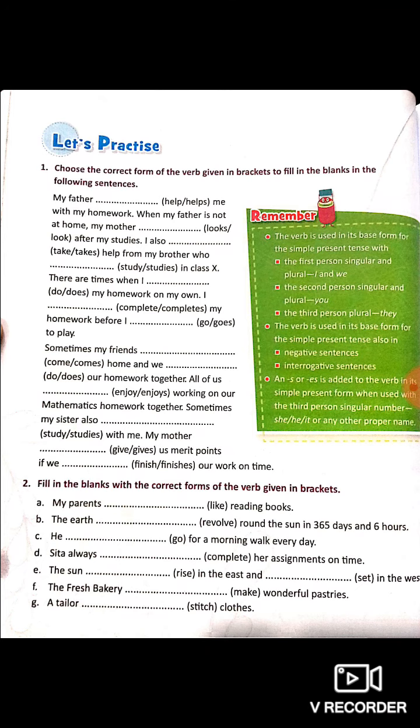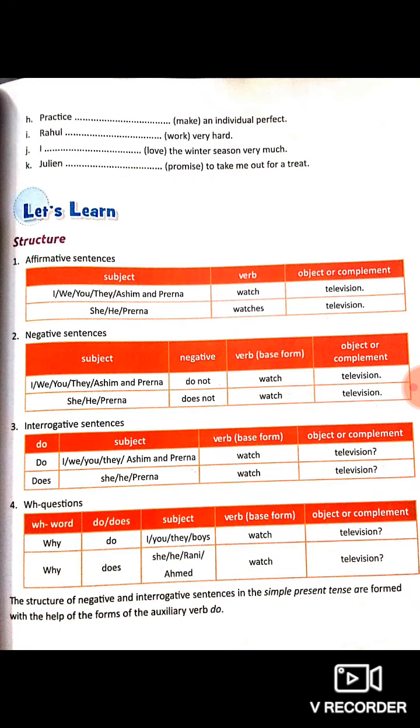Okay, now let's move on to the next slide, which will give us structures of these sentences. Now notice in an affirmative sentence, first of all we begin with the subject: I, we, you, they, Ashim and Prerna. Here you will see that the persons are first person singular plural, second person singular plural, third person plural.